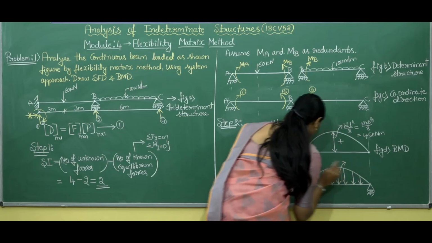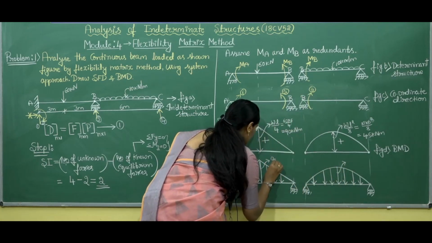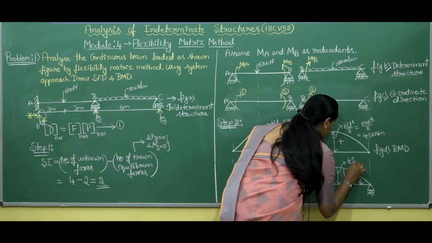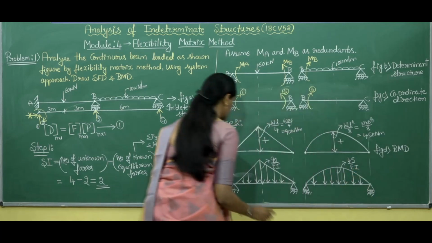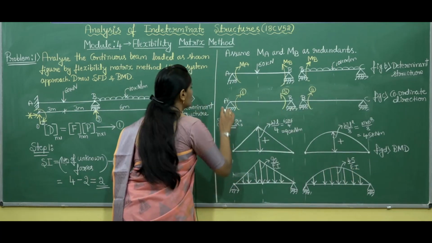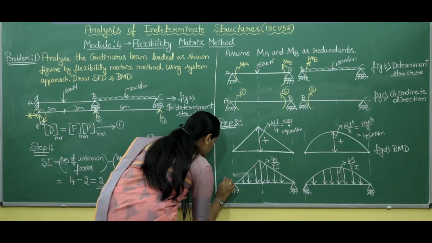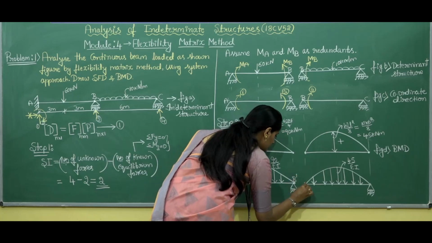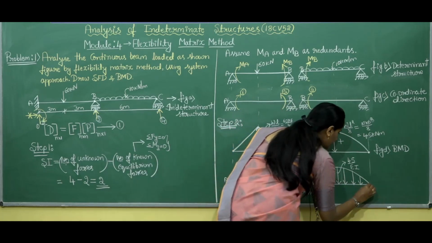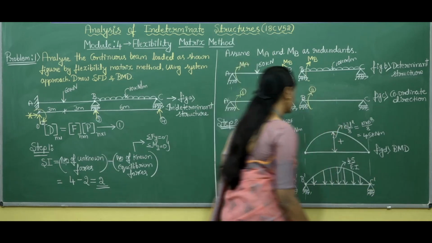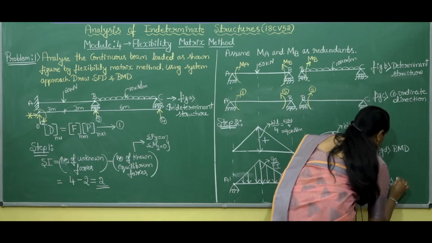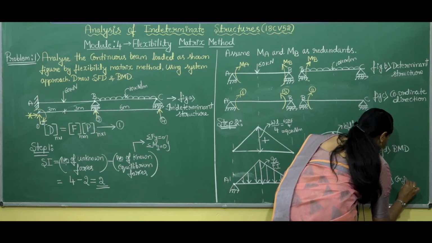And this value will be 90 by EI, and here we have 45 by EI. Let us call this A dash, this B dash and this support C dash. So, this will be figure E, and this is called the conjugate beam.